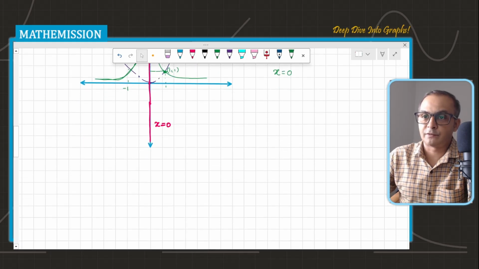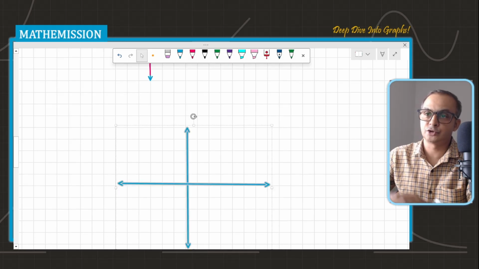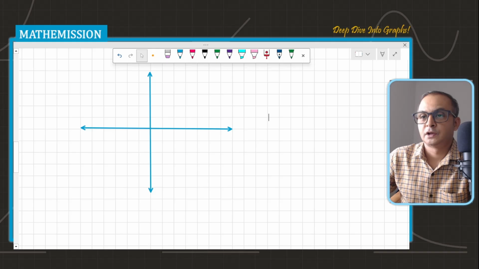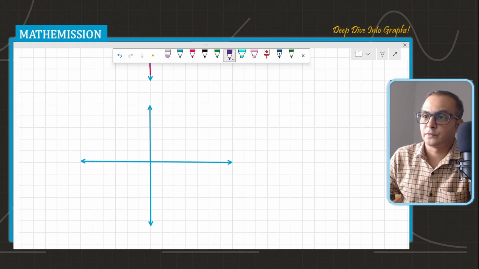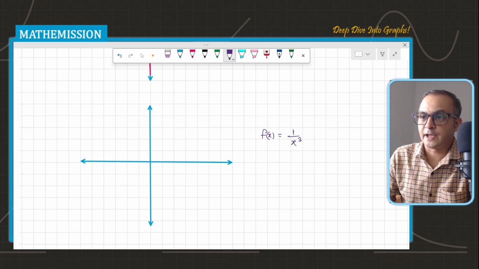Let's try to draw the graph of 1 by x cube. So for that I need to draw the graph of x cubed first. I am intending to draw the graph of 1 by x cubed, and for that I need to take the help from x cube actually.